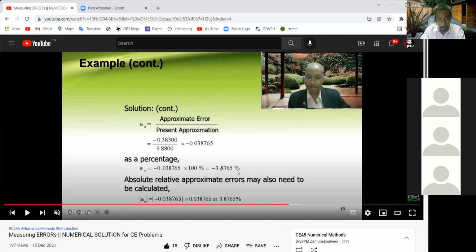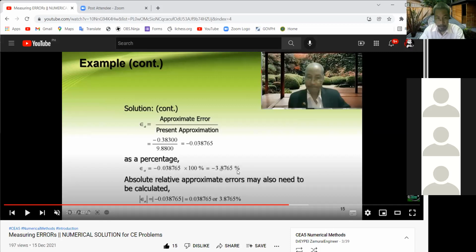And if we are asked to get the absolute relative approximate error, we will just use the absolute value. Absolute value symbol. Look at my hands. It will just become positive because it will be operated on by the absolute value mathematical operation.